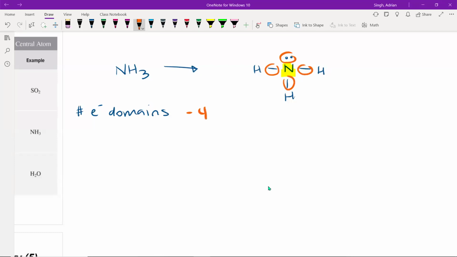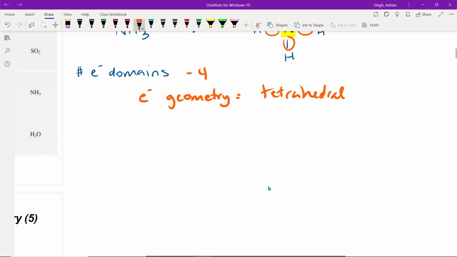Okay, so based on that, if I have 4 electron domains, according to what we talked about before, my electron domain geometry will be tetrahedral. So now I can draw that electron geometry. So I have my N, and I have my 3 H's.